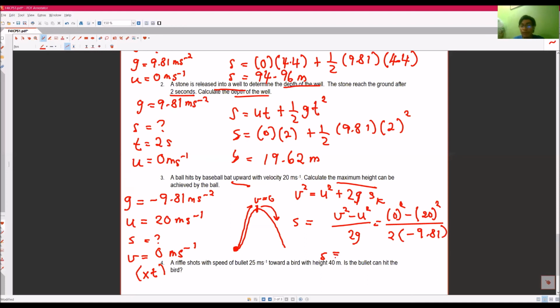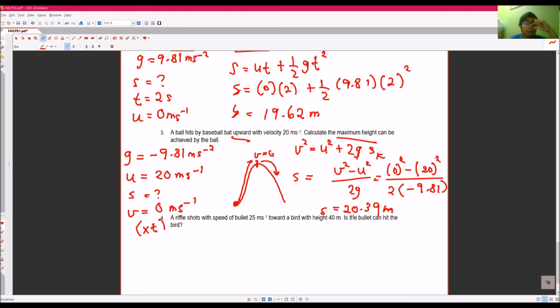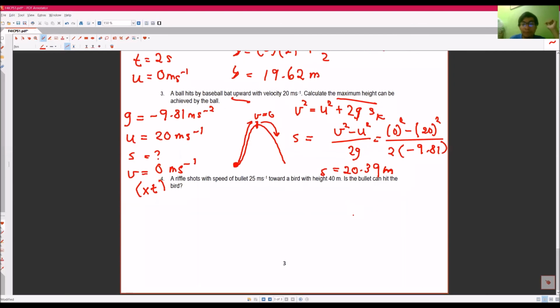So s equal to, we got 20.39 meters. Okay, that is the maximum height achieved by the ball when it reached velocity 0 before it falls back to the ground.